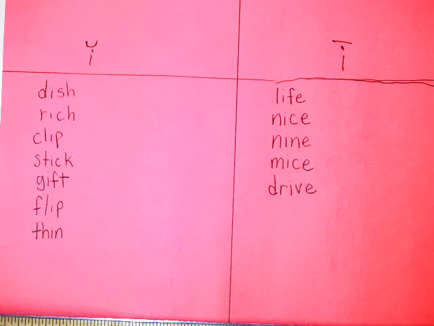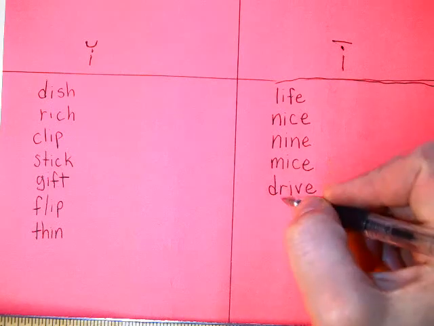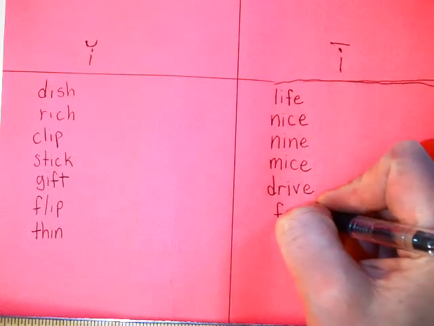Five. If you hear short i in five, put it over here. If you hear long i in five, put it over here. Five. Should go right over here.